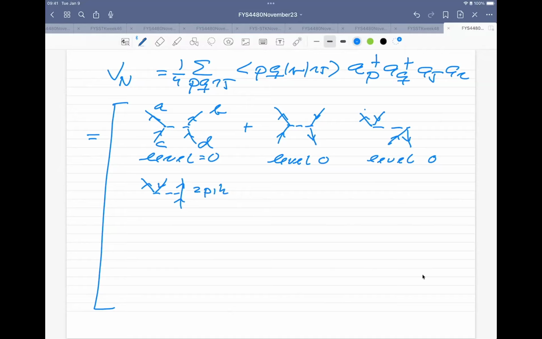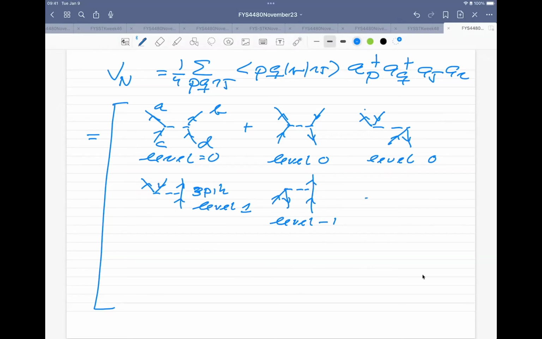Actually it's a three particle one hole state, because I have three particles and one hole. And in this case, this is a level 1, because now I have created a particle hole state here. And then you see that I can continue. So I could have a state like this one. So this is the kind of terms you get when you write this PQRS sum in terms of particles and holes. So this would be a level which I will call -1, because I am actually destroying a particle hole state.